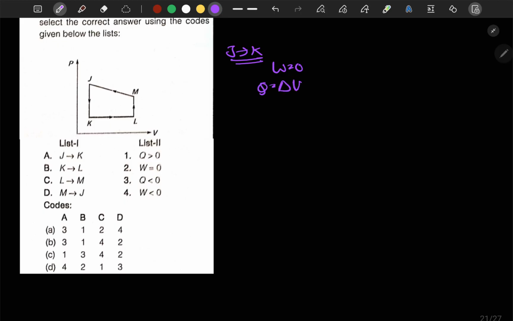Now the question is, what is the value of delta U? From J to K our pressure is decreasing but volume is constant. So pressure is directly proportional to temperature, because volume is constant.